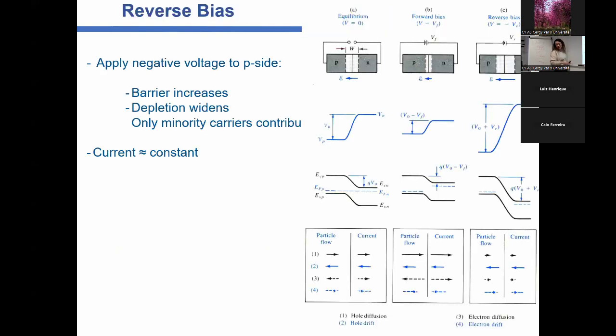Okay, we analyzed the forward bias and what happens if we have a reverse bias. So it's the same consideration, just what we have is the reverse.